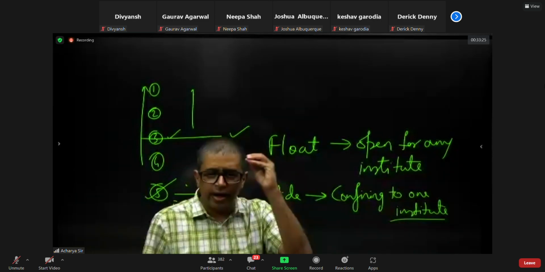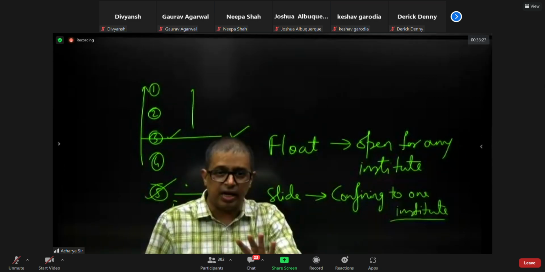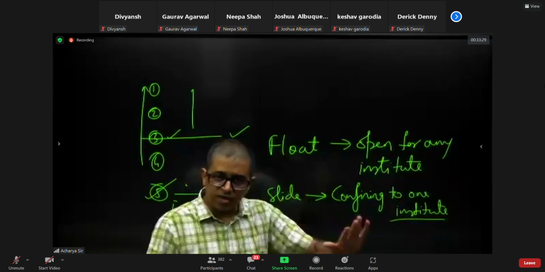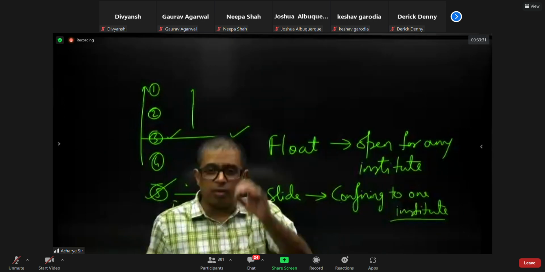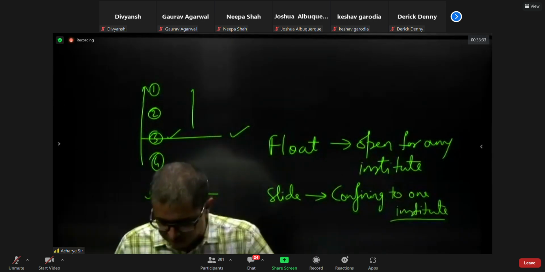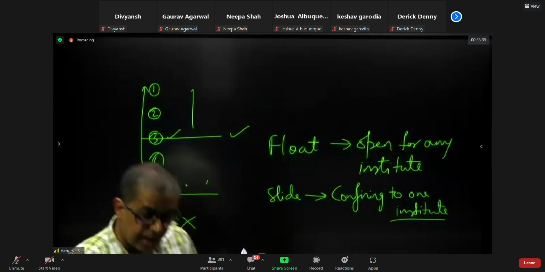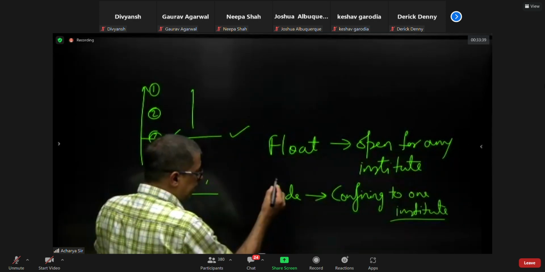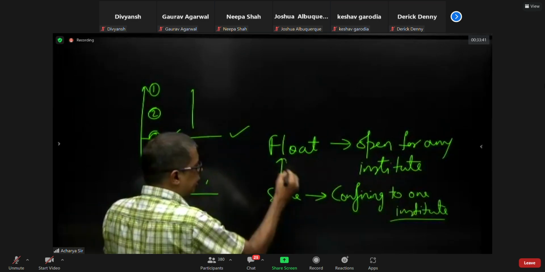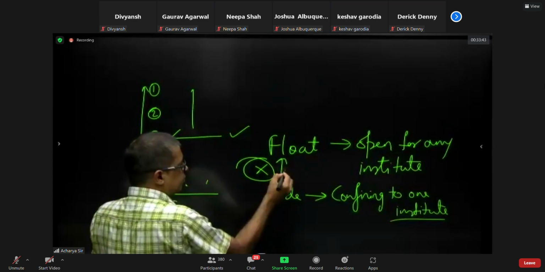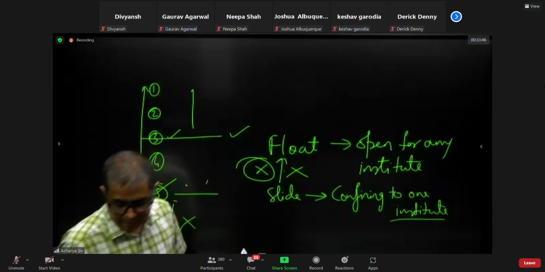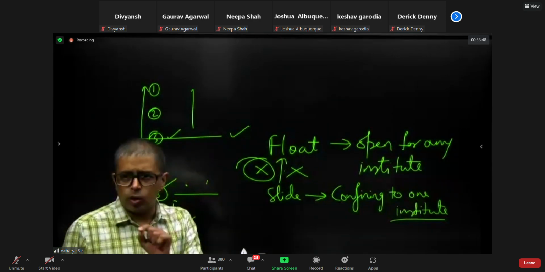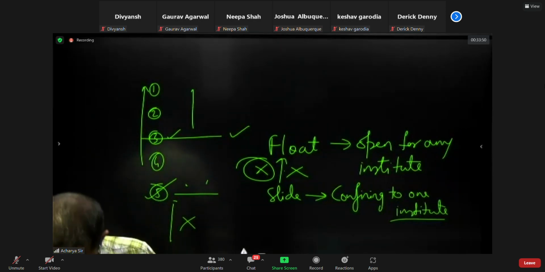I am allotted IIT Bombay civil in the first round. If I opt for slide, all my options above IIT Bombay only will be considered. And I again reiterate this, in subsequent rounds, from slide, I cannot go to float. This will not be permitted. From slide, you cannot go to float.